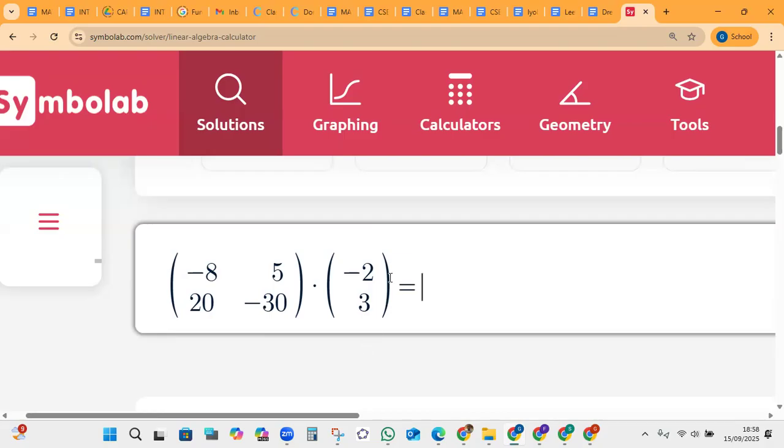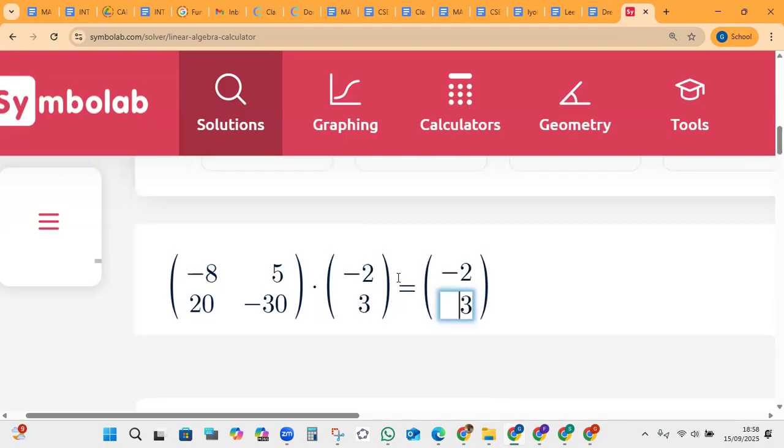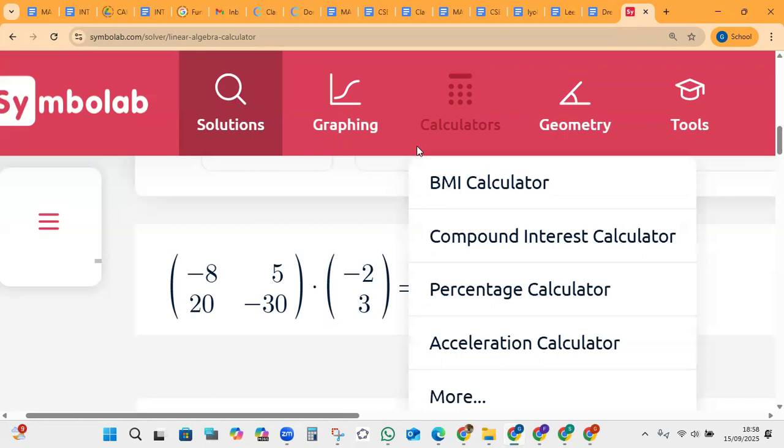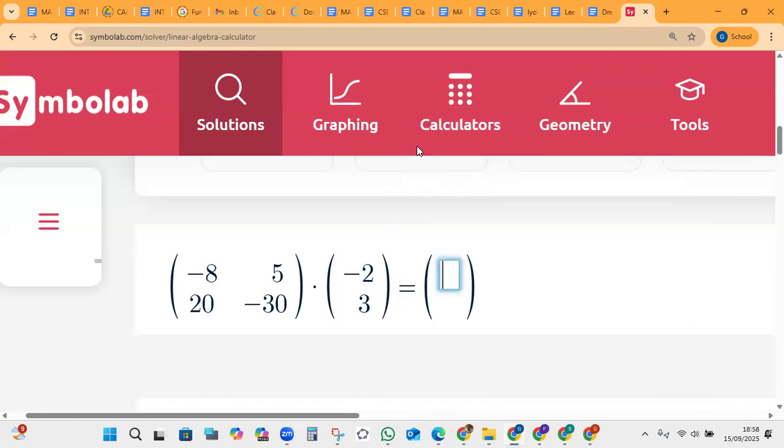Okay, so let us make a template of our product, which is our answer. I'm just copying this and I'm going to delete it. Now, how can we get the numbers in our answer? We have to multiply and add. Always remember, when you are multiplying matrices, you have to multiply and add. 99% of the time, you have to do some addition.